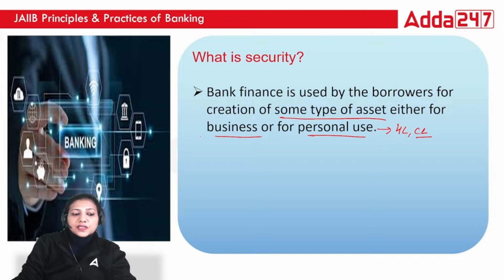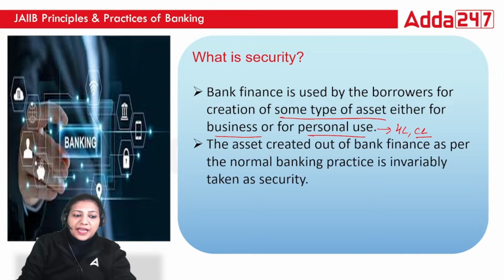Even for businesses, when we give a loan to the borrower for acquiring plant and machinery or any kind of equipment, or we are giving loans for setting up their factories, these help the businesses to create assets.